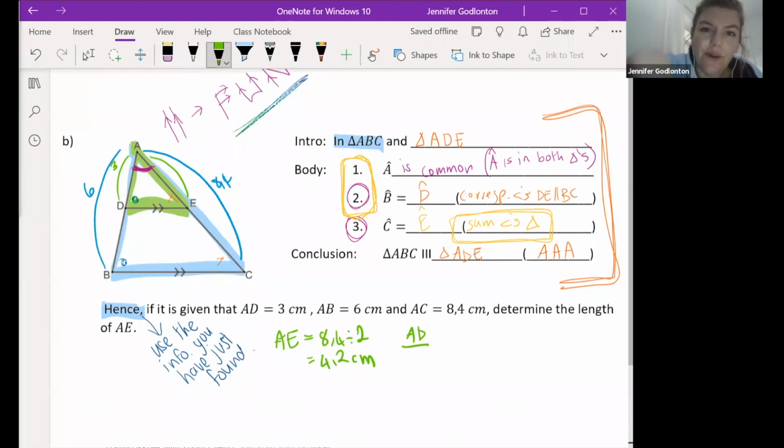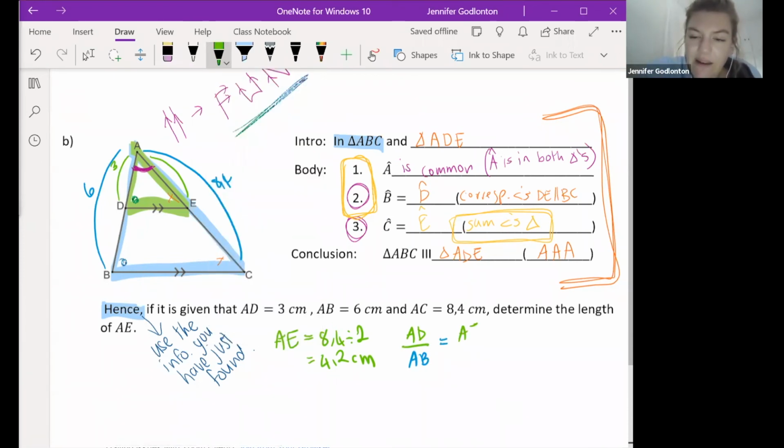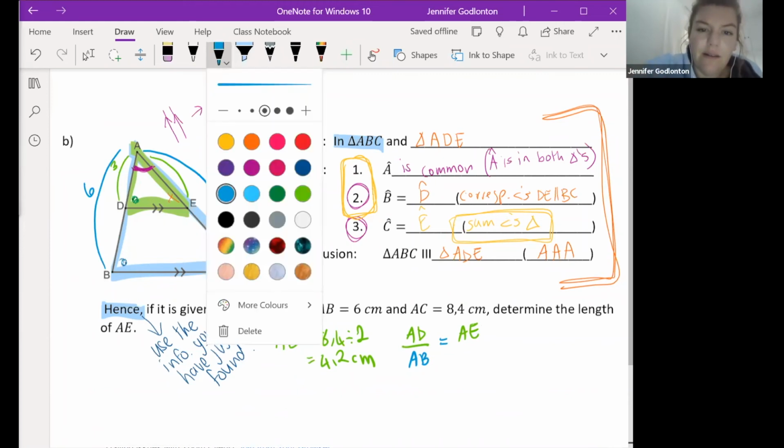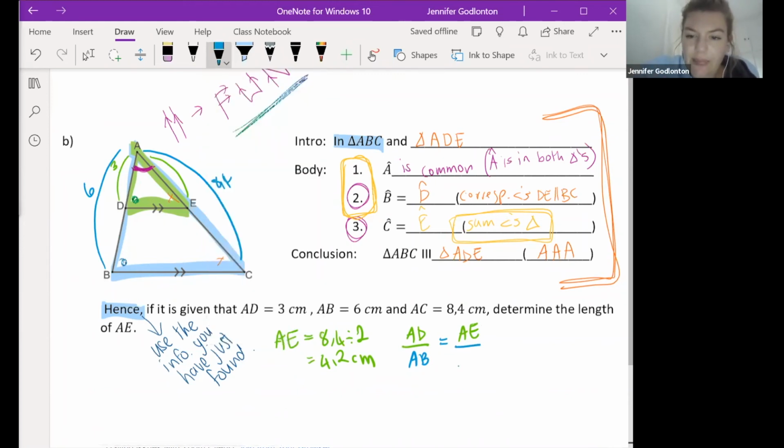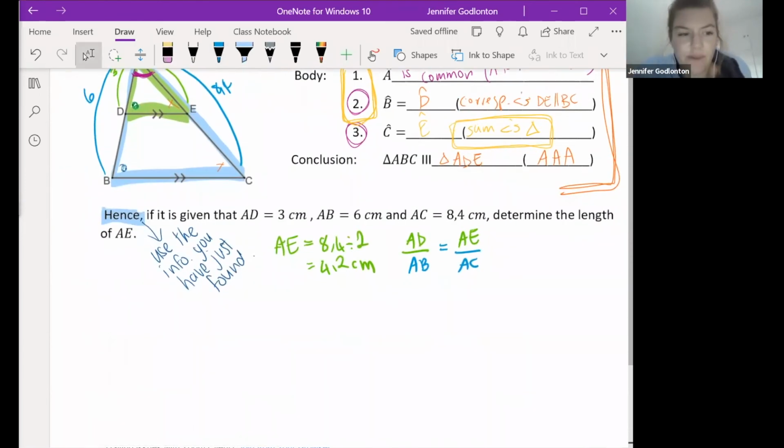AD over AB needs to be equal to AE over AC. Looking at those two sides, we're saying AD, that one side, over the other side needs to be equal to our one side over the other side. So we're just using ratio at the moment. Don't worry, I will scroll up to give you time for screenshots just now.